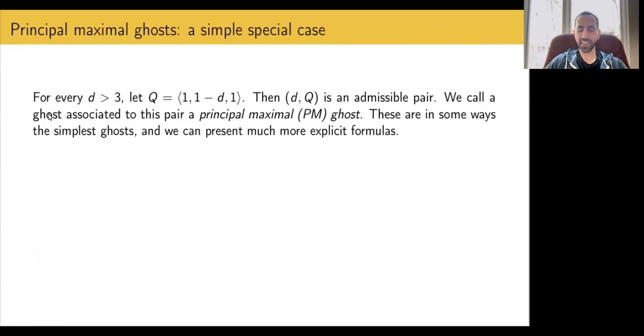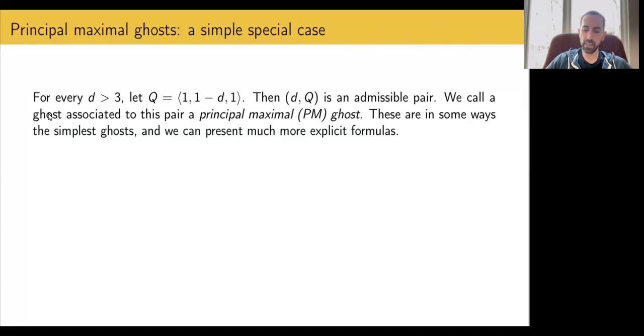And this isn't in the paper. So this is a special Codex announcement. There's a special case, which we don't go into any detail about in the paper, but I'm presenting it for Codex. For every D greater than 3, I can take the following quadratic form, (1, 1 minus D, 1).